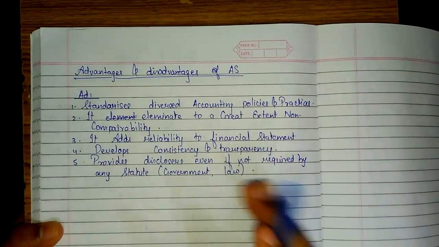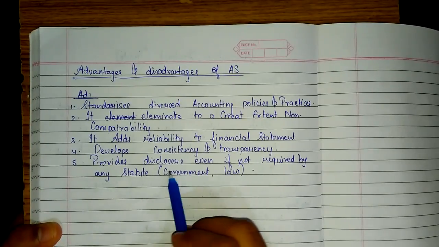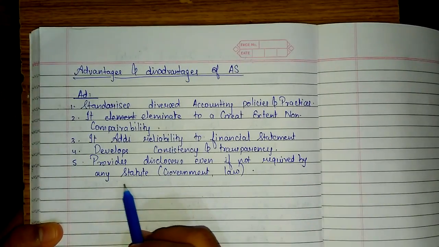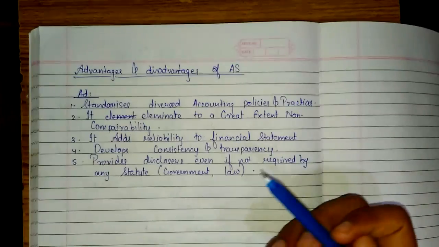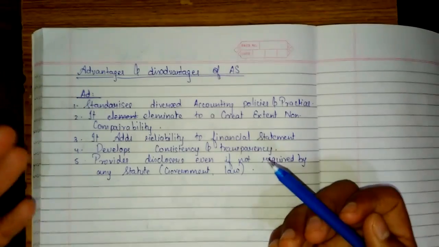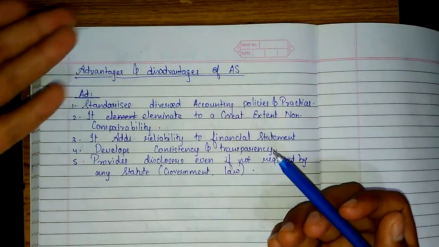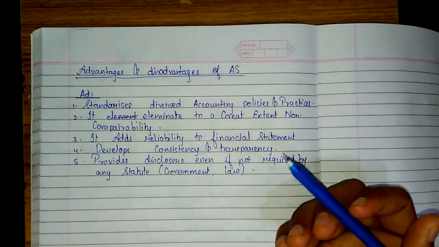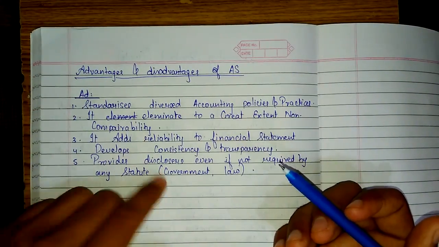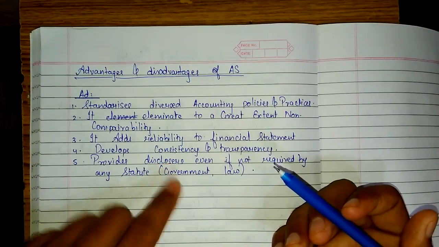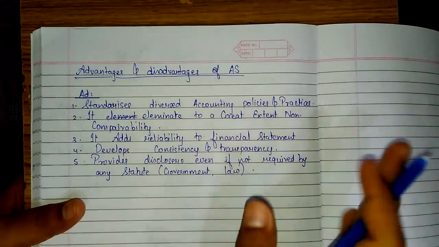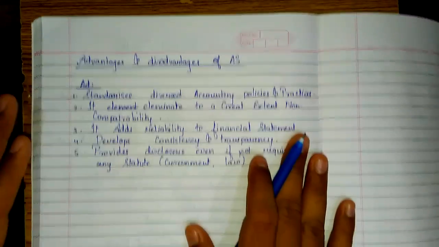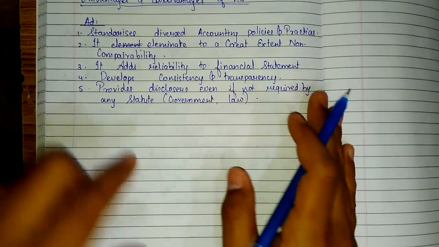This is self-explanatory. Provides disclosure even if not required by any statute. Statute simply means government or law. Accounting standard says, what are the advantages of accounting standard? It says it provides disclosure even if not required by any statute. What does disclosure mean? Disclosure is a word that you all are coming across for the first time. Disclosure means after solving everything we write in notes what we have solved.